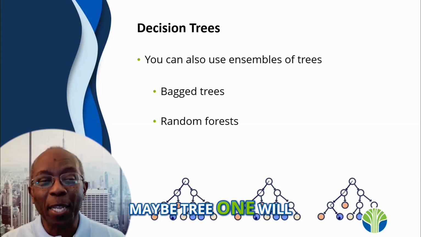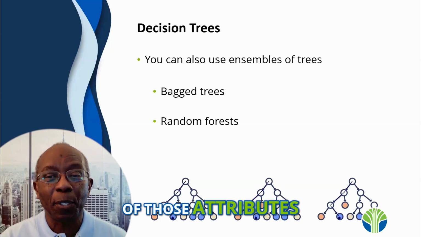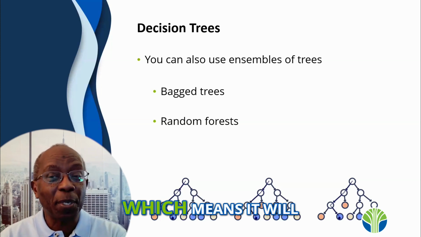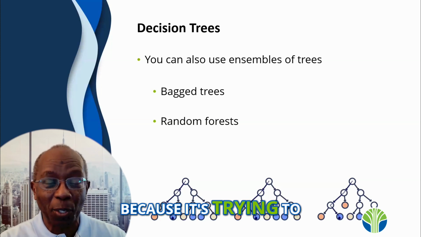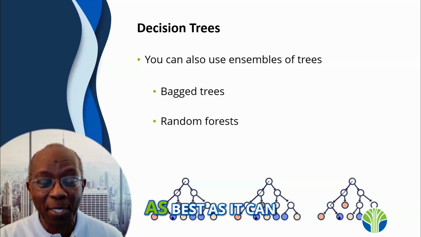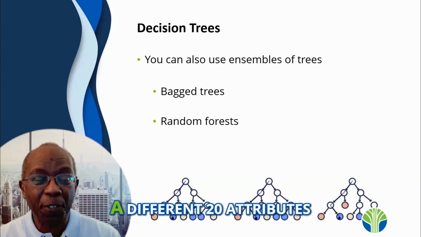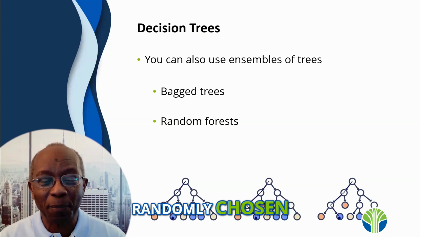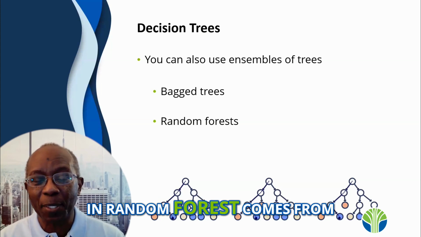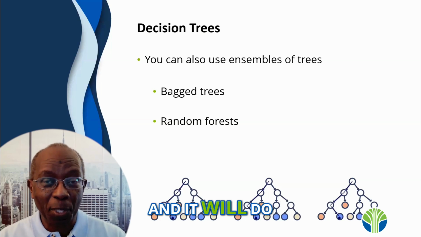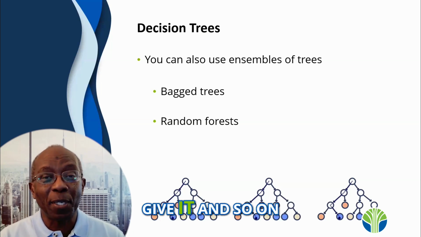Maybe tree 1 will get to see 20 of those attributes, so it doesn't know about the others, which means it will be a different tree because it's trying to use these few attributes as best as it can. Then another tree will see another 20 attributes, a different 20 attributes, randomly chosen. That's where the random in random forest comes from. And it will do the best it can with the 20 you give it, and so on.